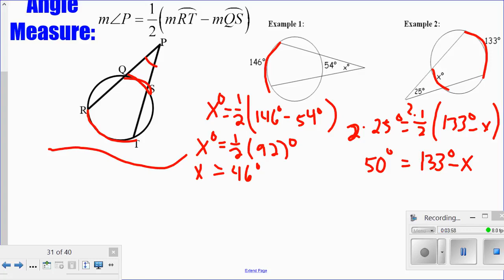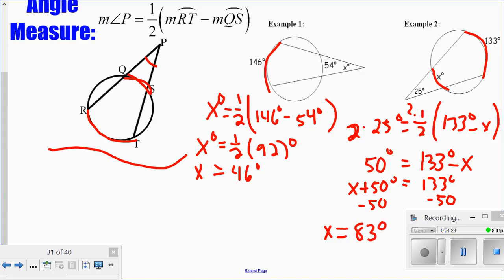So I'm going to add x to both sides and subtract 50. And that gives me, so I have a 133 and I'm subtracting 50 from each side, which gives me 83 degrees.